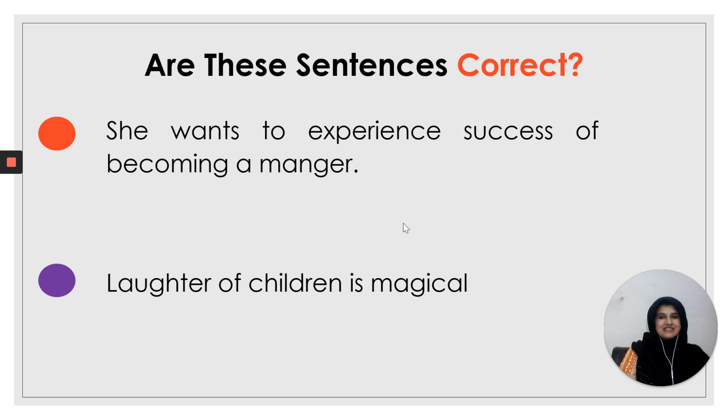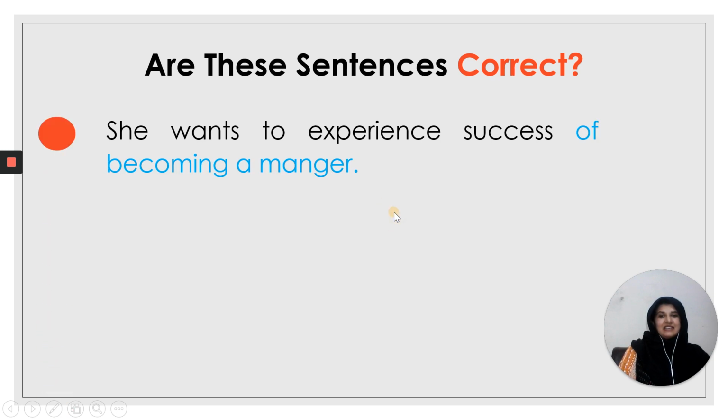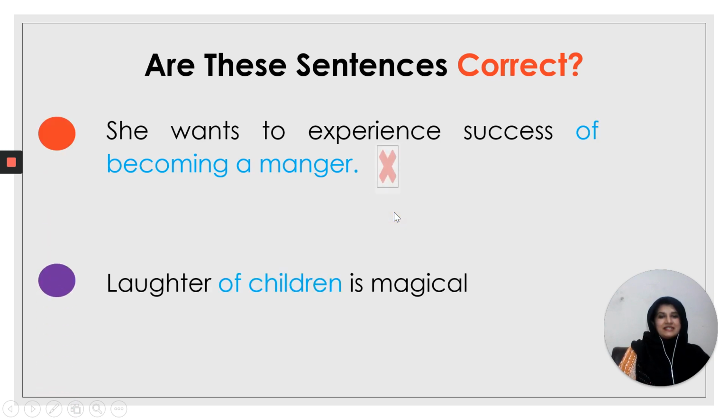The next sentence is, "Laughter of children is magical." "The laughter of children" or "laughter of children"? Think about this too. Let's move on. So these two sentences are both incorrect. Can you guess why? Yes, you must guess.